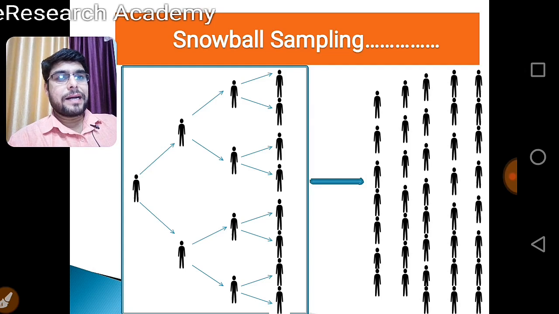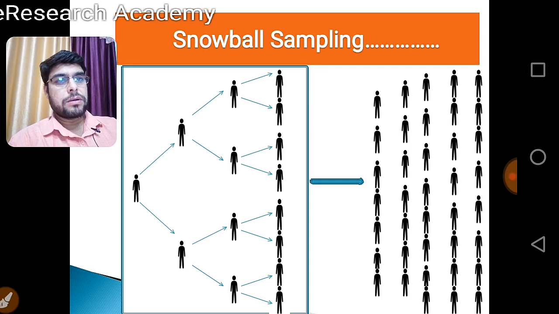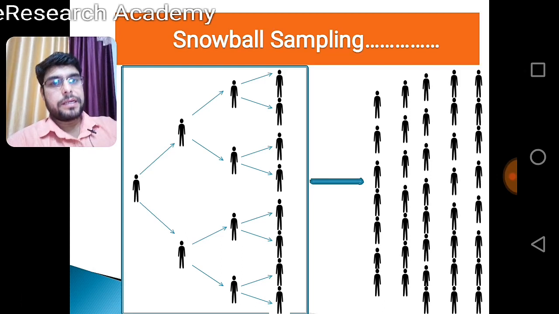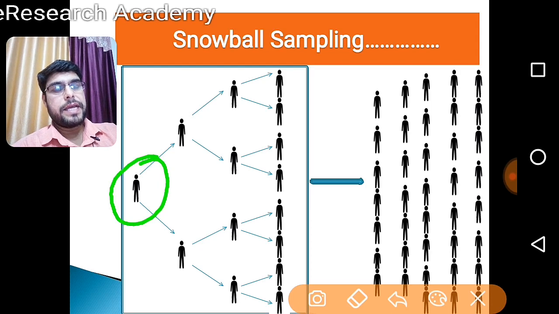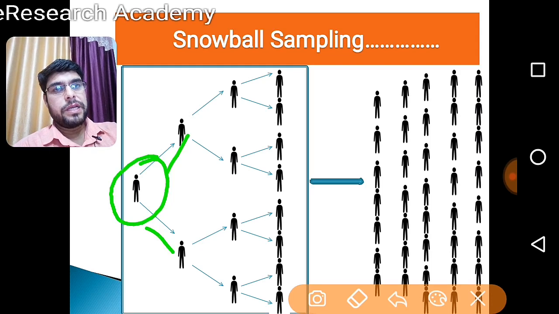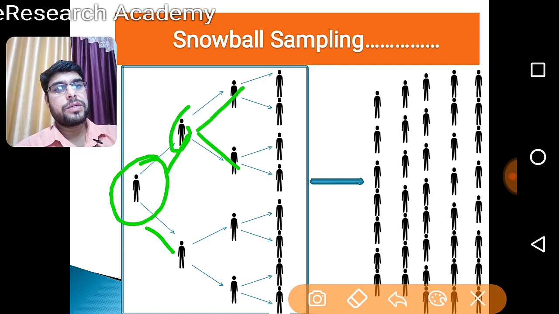How are the samples gathered or drawn under snowball sampling? We have another graphical presentation here. Let us suppose we first tracked the first person, then he might refer one or two persons, and we approach these two persons, then these two further refer another two, and they further refer to another one.